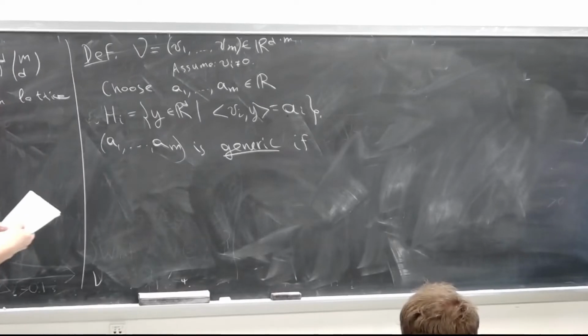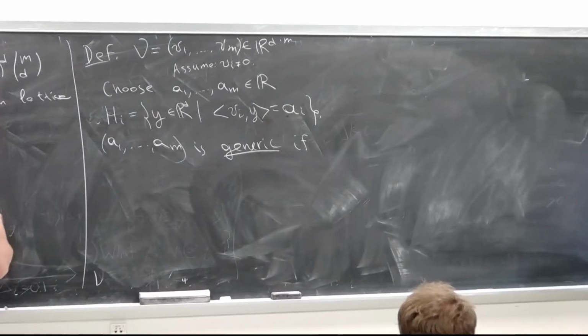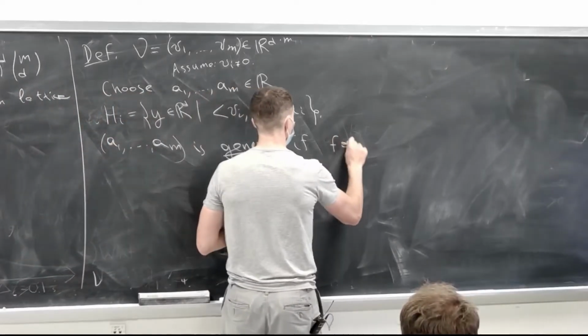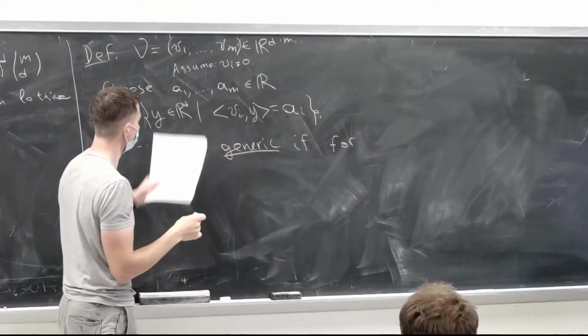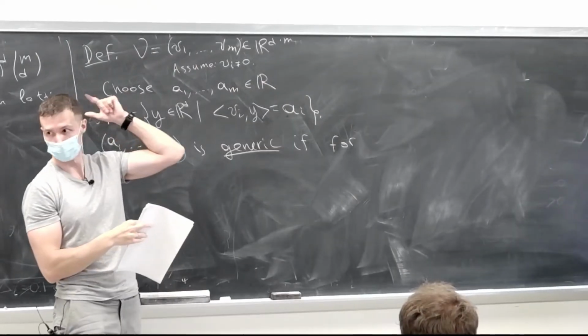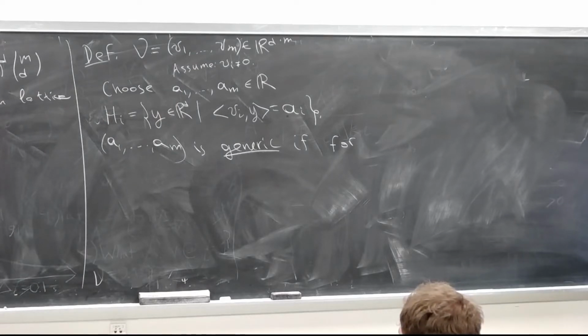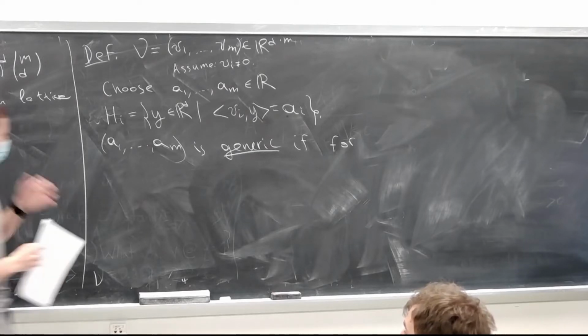if basically the same condition is true. Here I can have parallel vectors, so this is very different from that generic over there. If you have three planes in R2, then they have the empty intersection, which is okay.